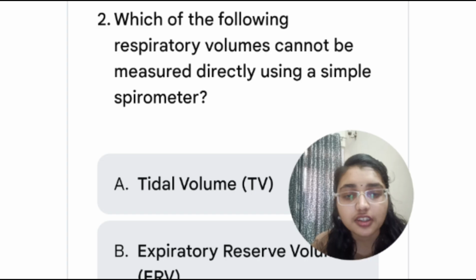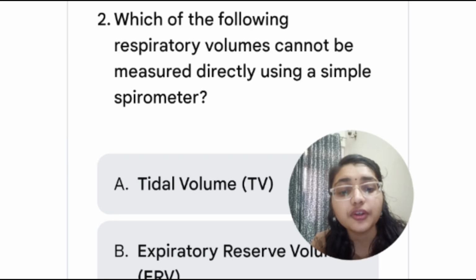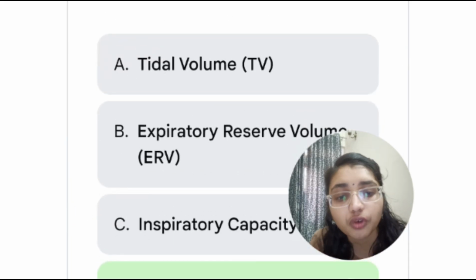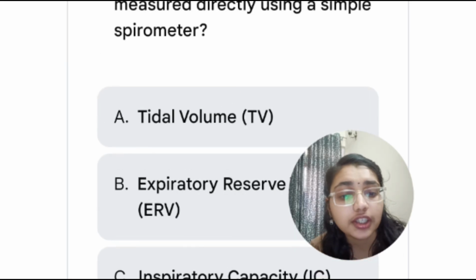Here we can see a question: which of the following respiratory volumes cannot be measured directly using a simple spirometer? That is residual volume. Why? Because residual volume is the air that remains in the lung even after forced expiration, because it never leaves the lung, and the spirometer cannot capture it. Why is it not tidal volume or ERV or IC?